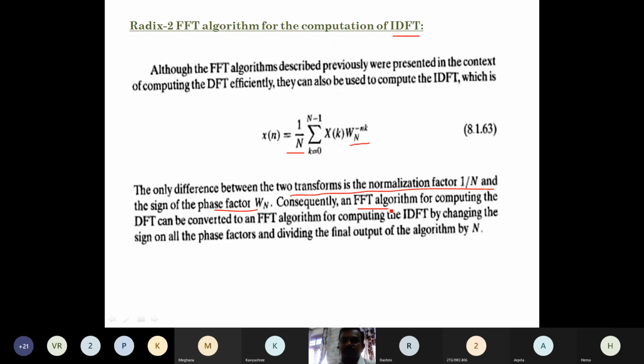Therefore, the FFT algorithm for computing the DFT can also be converted to an FFT algorithm to compute IDFT by changing the sign of the phase factor and dividing the final output by n.